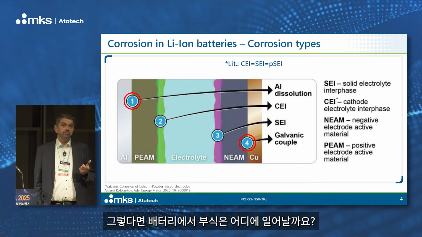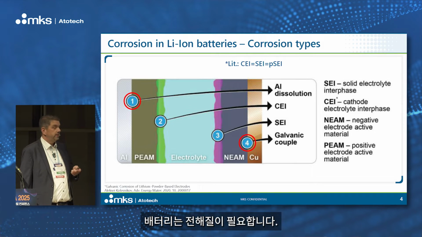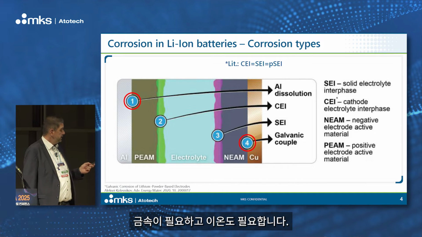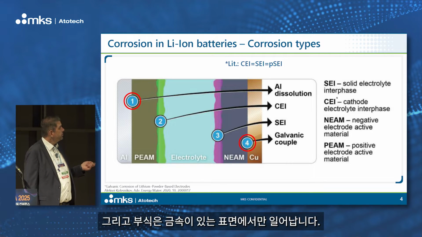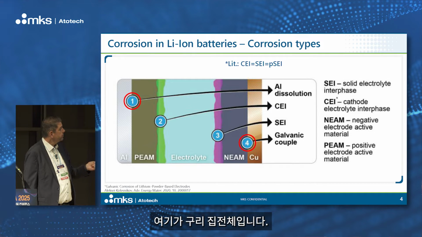And where can corrosion happen? I mentioned you need an electrolyte, you need metals, and you need ions. And usually you need the connection of these different media. And it's only happening on the surface where you have metals. So you see here a lithium-ion battery, here's the aluminum current collector, here's the copper current collector.